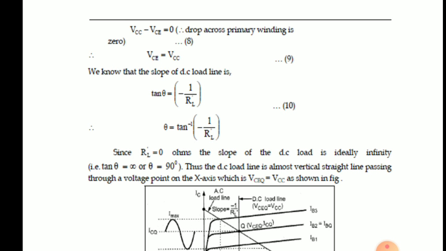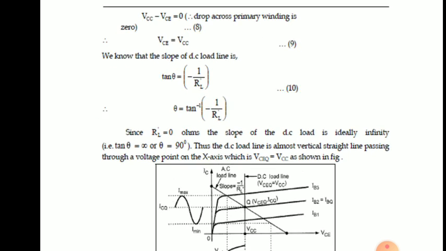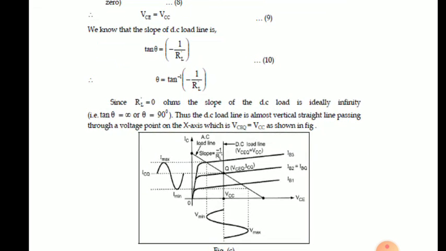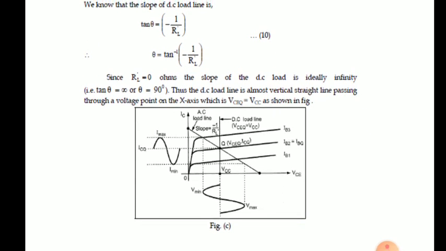We know that the slope of the DC load line is tan theta, which is equal to minus 1 by RL dash, so theta is equal to tan inverse of minus 1 by RL dash.